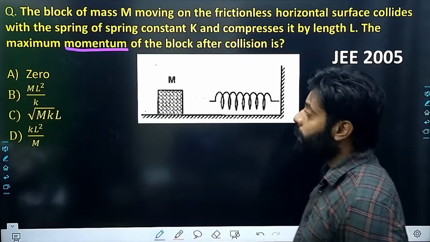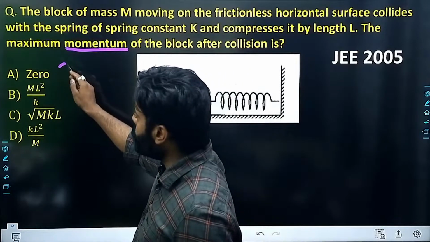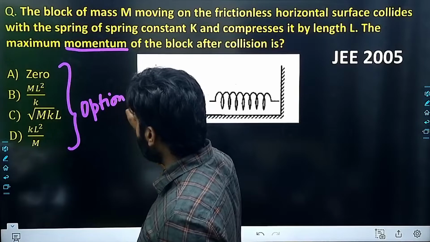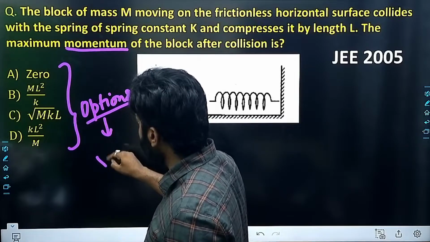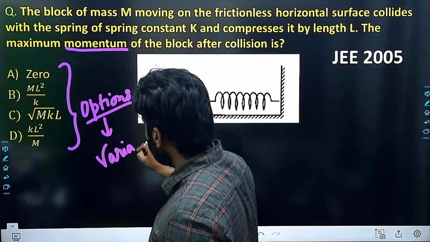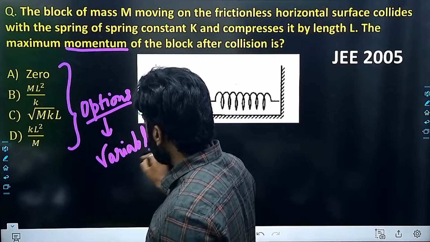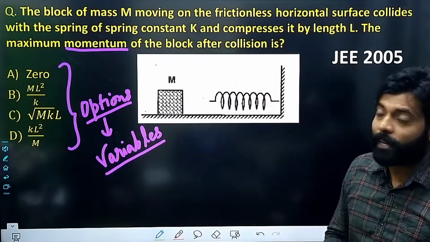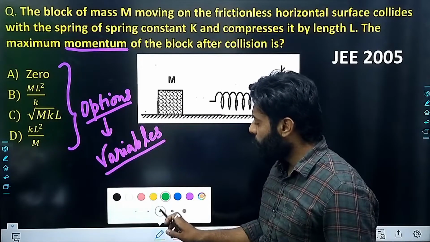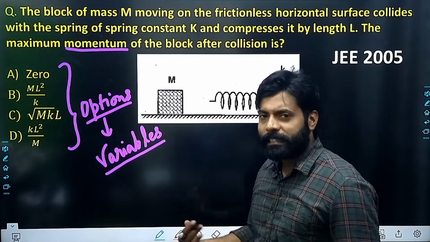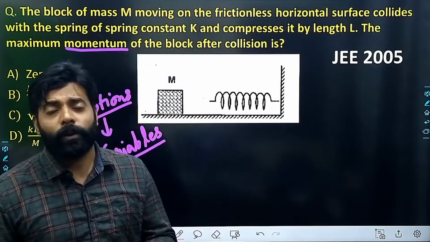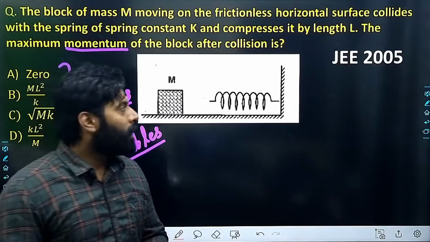But if we see the options here, we will see that these options are in the form of variables, isn't it? If these options are in the form of variables, we can easily check the dimensions of these variables and find out whether this is correct or not, right?